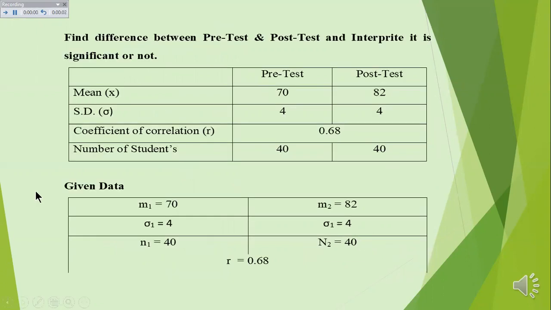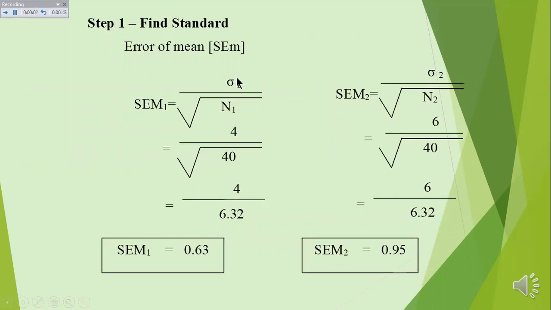Standard deviation of pre-test is 4 and number of students is 40. Hence, put it in the formula. Standard deviation of pre-test sigma 1 is 4 and root n is root 40. Root 40 is 6.32. 4 divided by 6.32 is 0.63. 0.63 is the standard error of mean regarding pre-test.